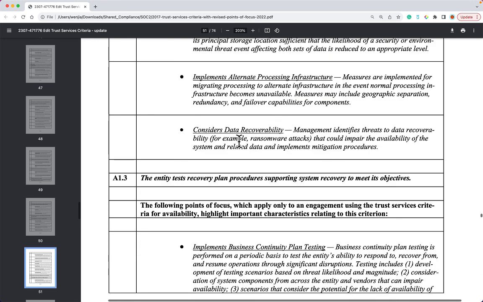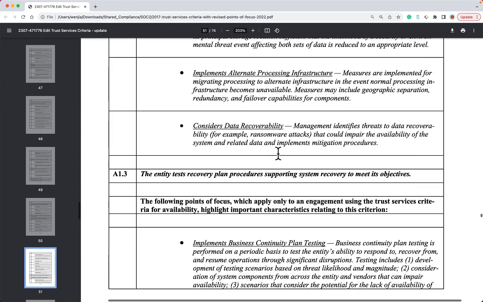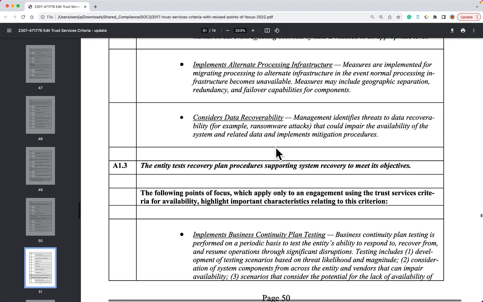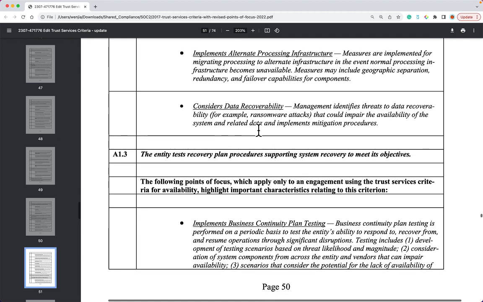And next one considers data recoverability. This one is pretty straightforward. If the entity has faced some hazard and they experience some big breakdown, how can they recover?